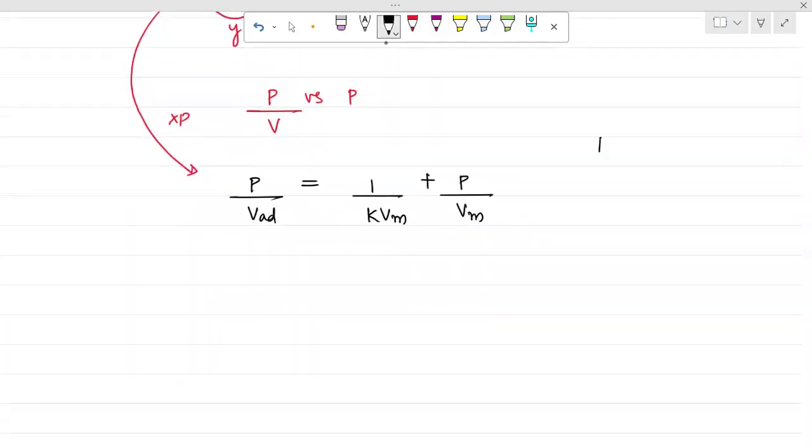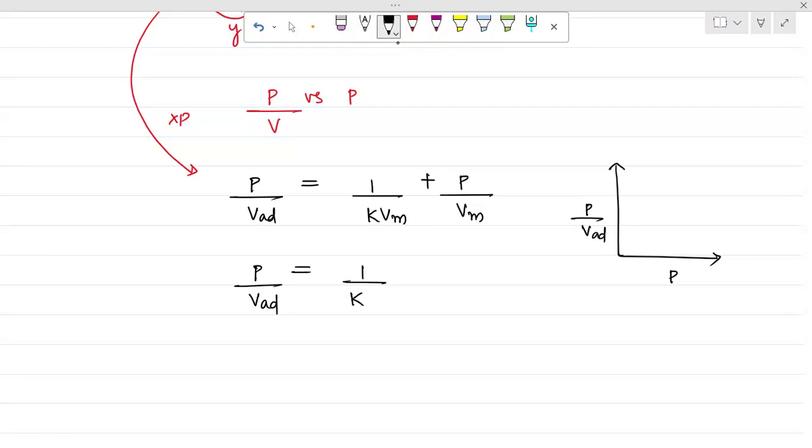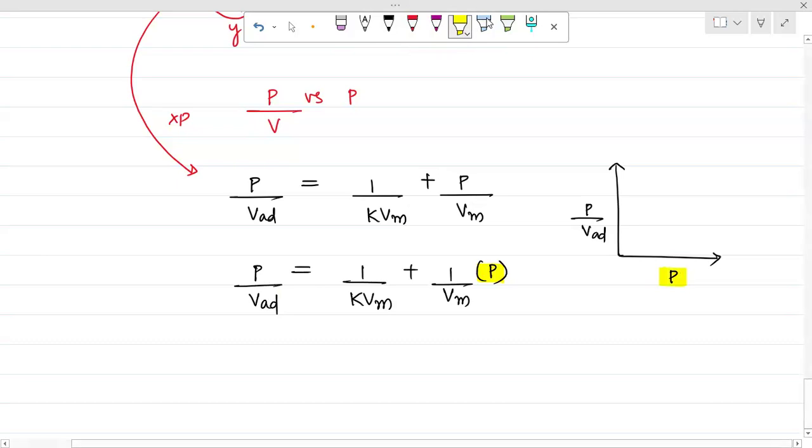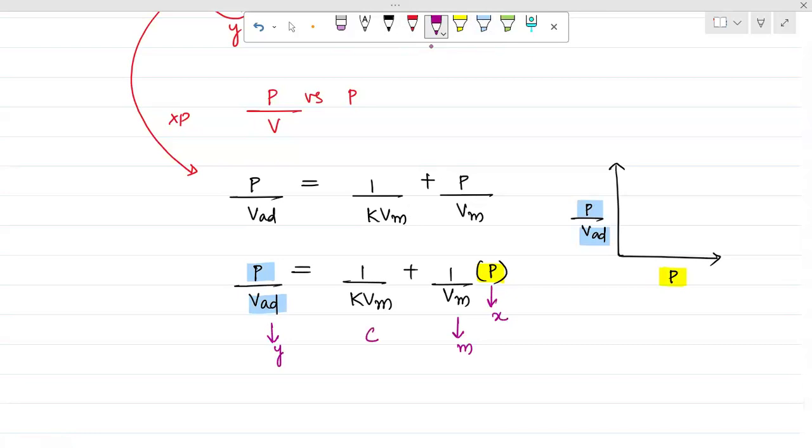You need to plot P by VAD versus P. So P by VAD is your y-axis, and 1 by KVm plus 1 by Vm into P. Now see, this is your x-axis, this is your y-axis, and this is of the form y equals mx plus c.